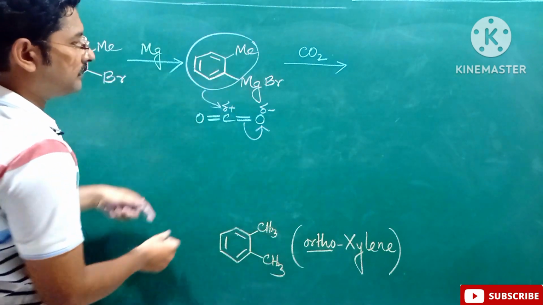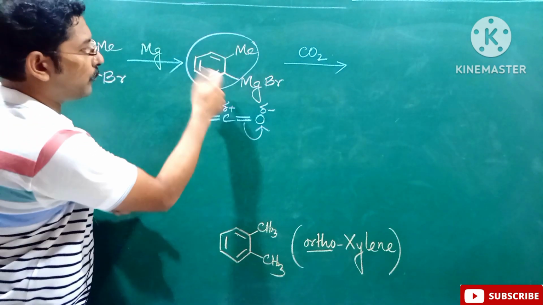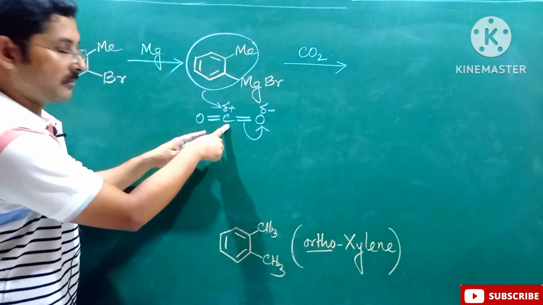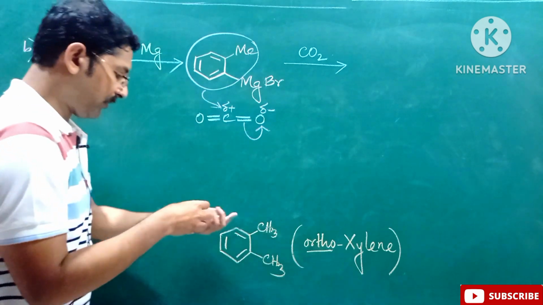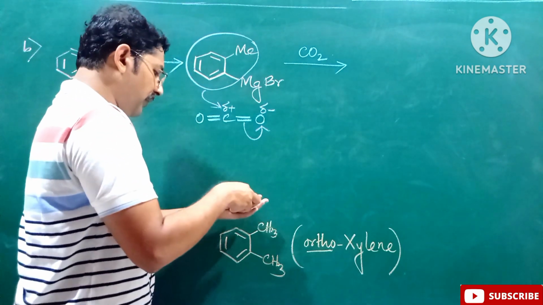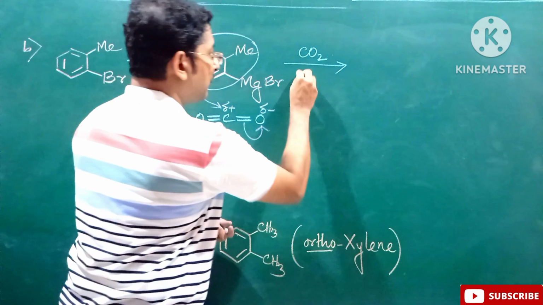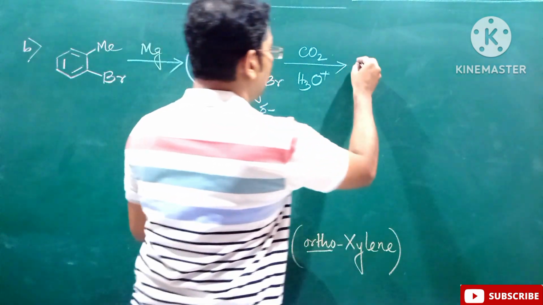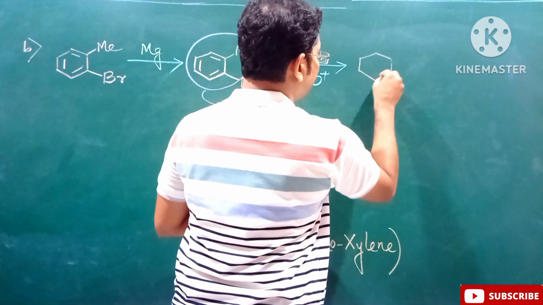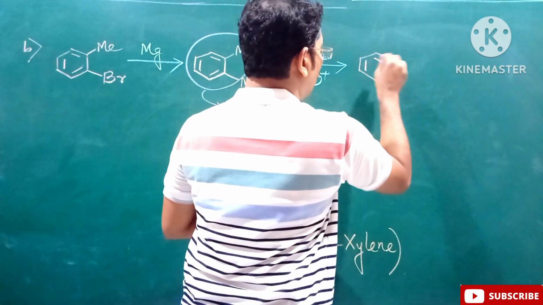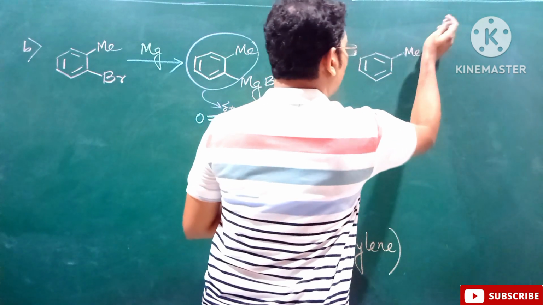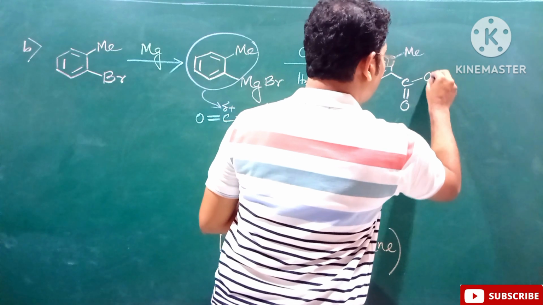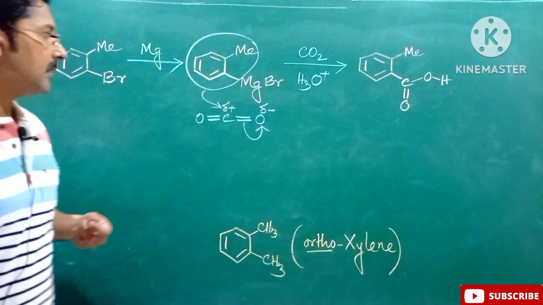So this carbon will get attached to this one, right? And this will be COO-, and in presence of H3O+, that is acidic workup, you will get this molecule: methyl and this one will be a carboxylic acid, right?